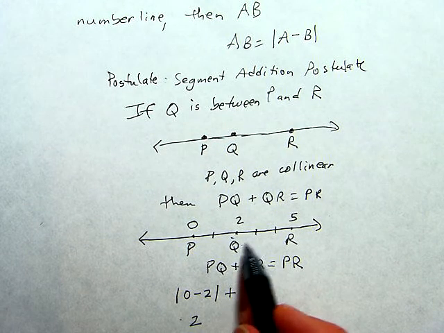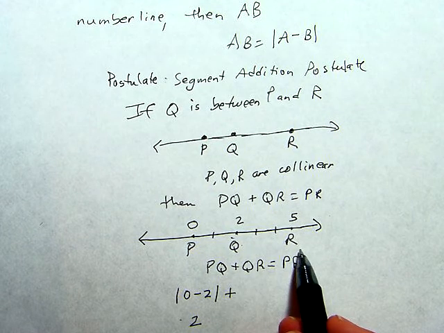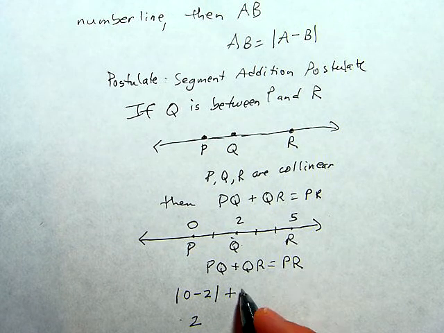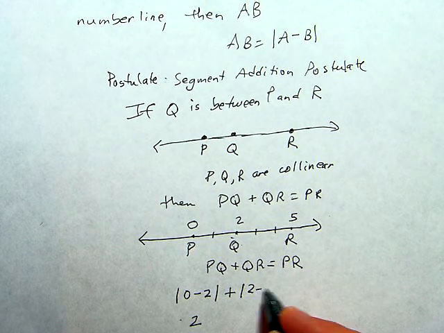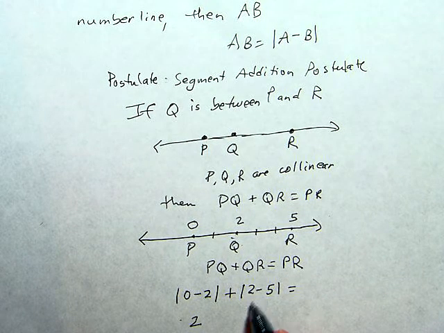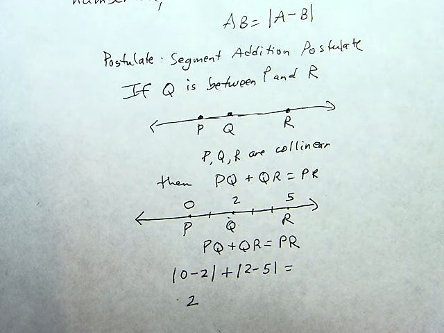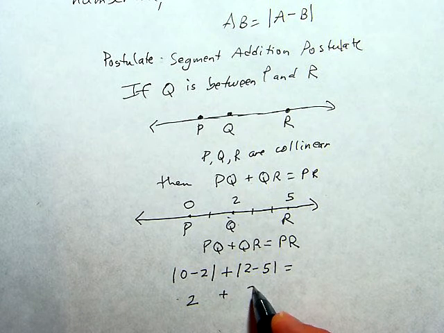Well, QR is the measure of QR, which is the absolute value of 2 minus 5. Let's figure out what that is. What's the absolute value of 2 minus 5? Well, 2 minus 5 is -3, and we said that if it's negative, we're going to just take the positive of it. We're going to multiply it by -1, so that gives us a 3.